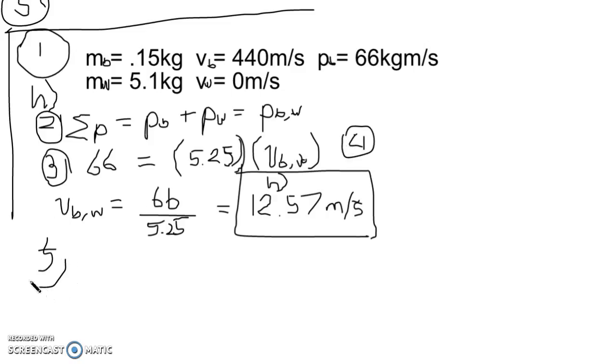Yes, it is. You have a much larger mass because you're combining the masses, and the average velocity is going lower than the bullet's velocity because the wood's velocity is 0.